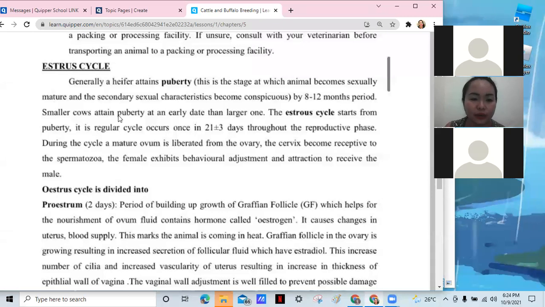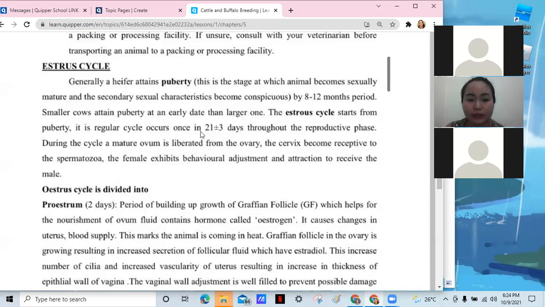So smaller cows will mature earlier than the larger ones. And the estrus cycle starts from puberty, and it is a regular cycle that occurs once every 21 to 23 days throughout the reproductive phase.